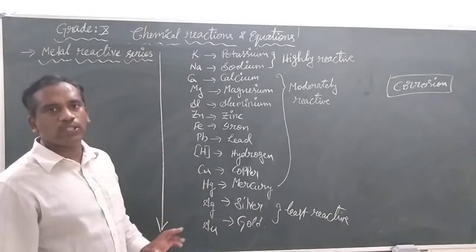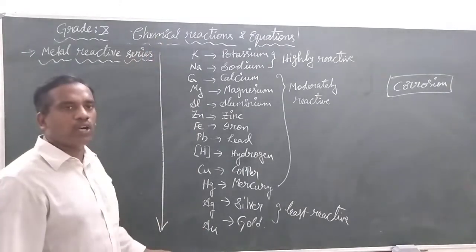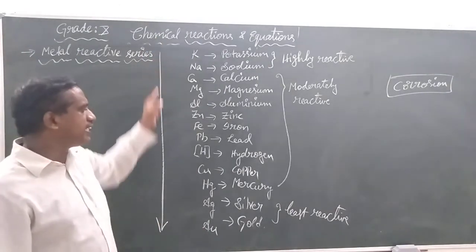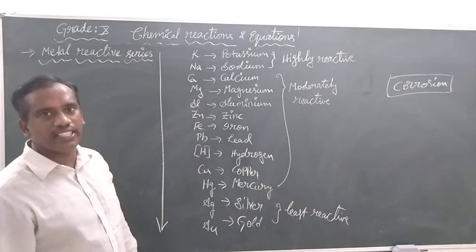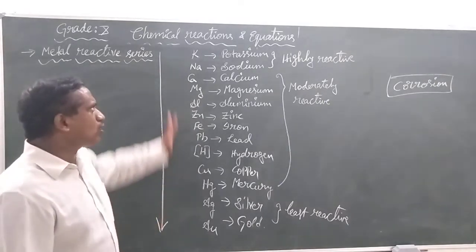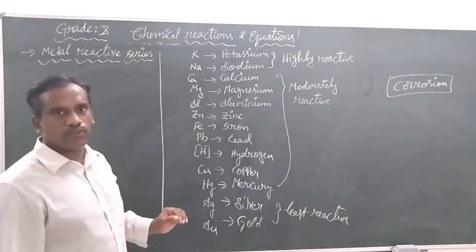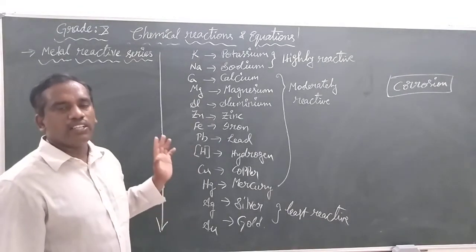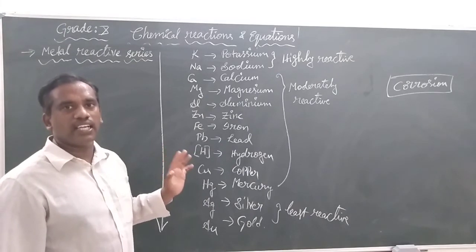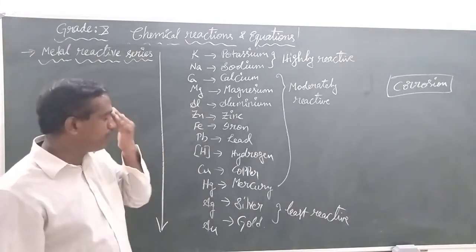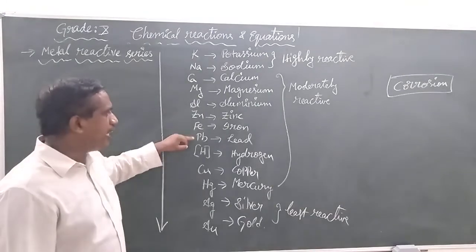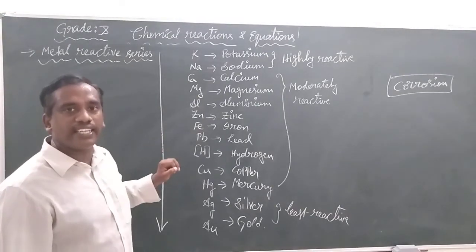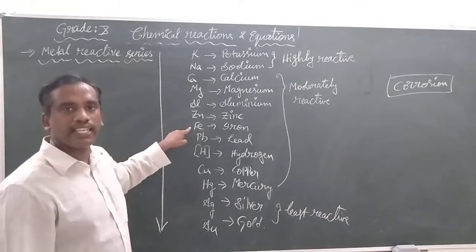So this metal reactive series is from top to bottom. It shows the decreasing reactivity in the series. Or we say the top are highly reactive. So once we know about this metal reactive series, then we can clearly understand the displacement reaction. If you take lead and iron, which is highly reactive? Iron is highly reactive.